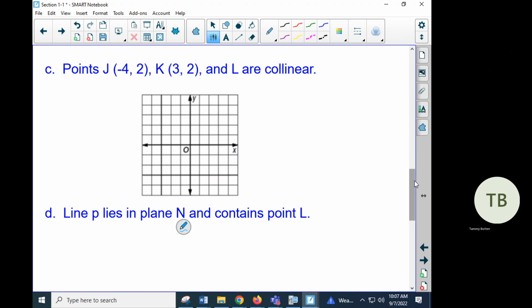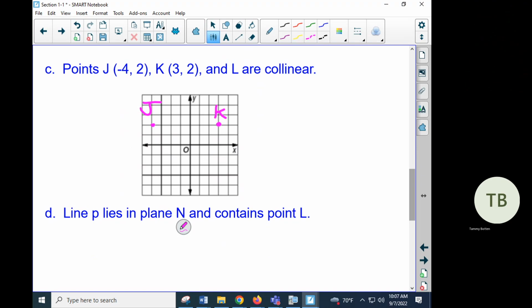Okay, so this one says that J is the point -4, 2. So we start at the origin, we go -4, up 2. So here's my J. K is 3, 2. So I'm going to go over 3, up 1, 2. That is my K. And what this says is that J, K, and L are collinear.